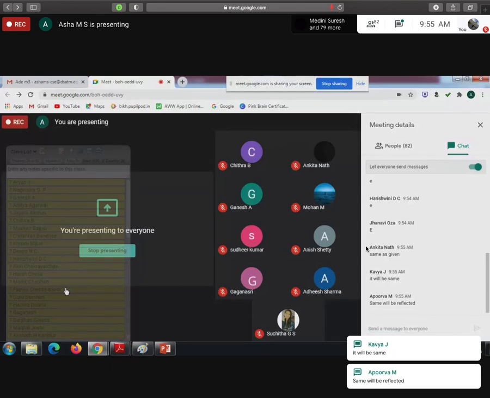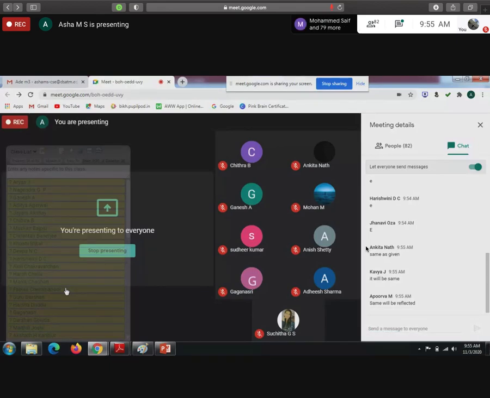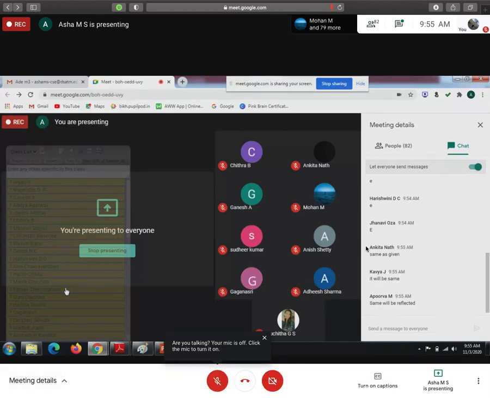Whatever I give will be reflected as it is. I'm not speaking of the output, just what I take from the switch, the same thing will be pushed onto the multiplexer.